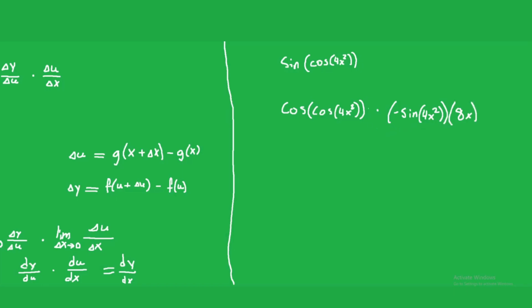So you'll notice I have 3 things here. And just know this itself right here is the derivative of cosine 4x squared. And this itself right here is the derivative of sine of this. Let me just write this. And this is f prime g of x. This is g prime of x.